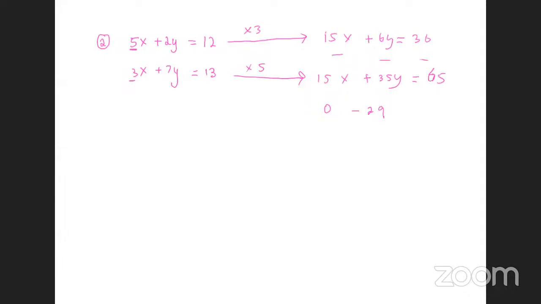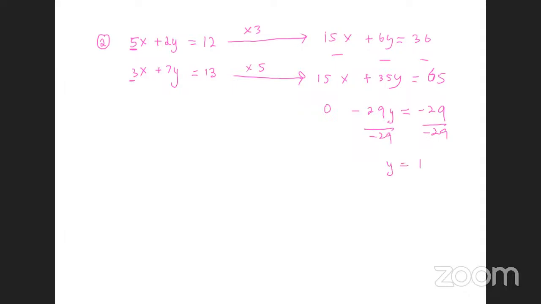Let's do 50 plus 15. Right? 6 minus 35 is minus 29y. Now we have 36 minus 65. That is minus 29 again. Divide both by minus 29. Don't forget the minus sign. You'll get y is 1.